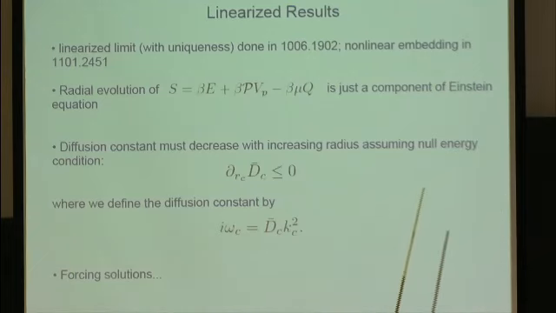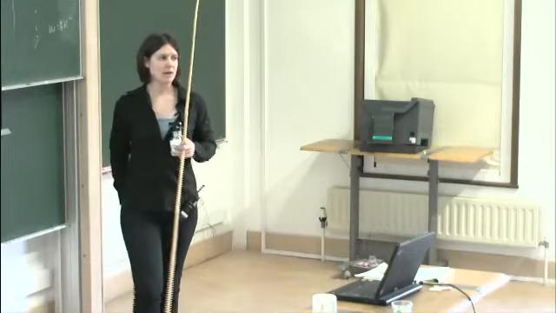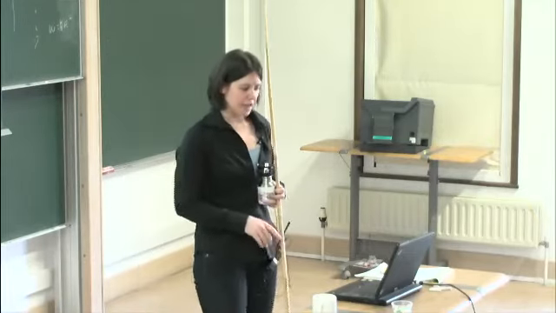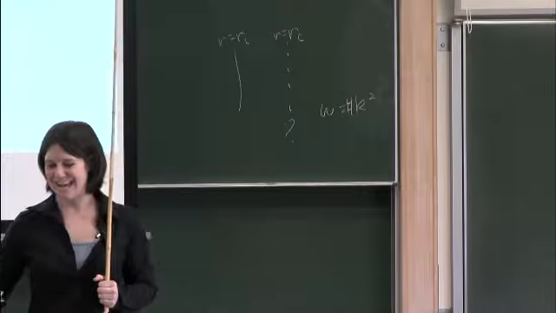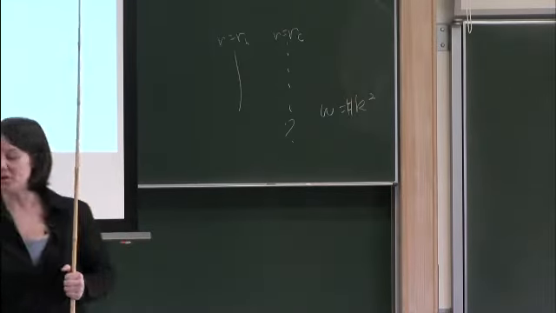We also find that the diffusion constant, so of course at the linearized level, all you get is one constant, because really the linearized equation is just some omega is k squared with some number. That number is the diffusion constant, and you can show that this diffusion constant has to decrease as you increase your radius.